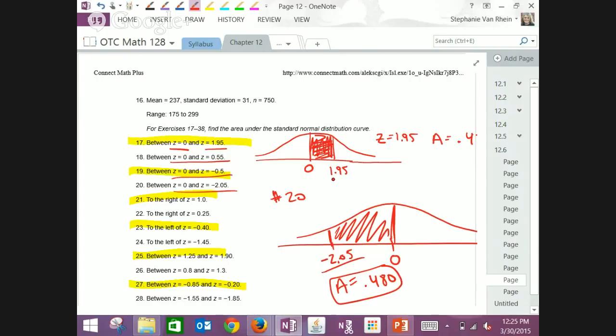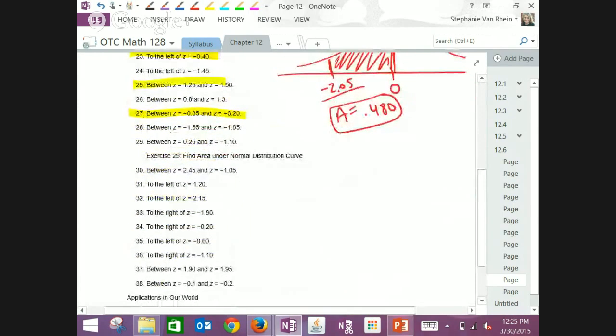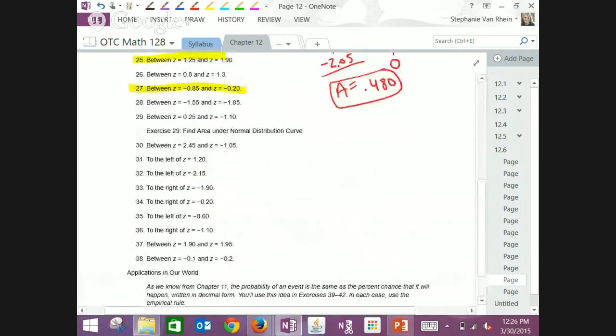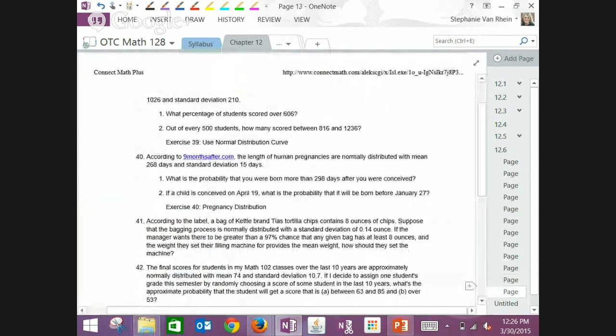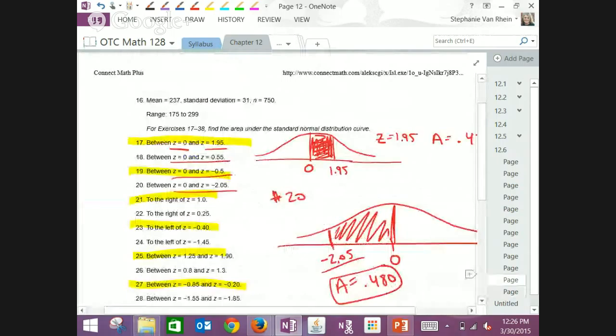There's a little disconnect, because your book just hits the z-values hard, and then if I give you an actual application of it, sometimes students don't know what to do with the numbers to get to the z-value. But once you have that z-value, you just look at your table. And we'll do 15. I don't think there are any examples of what I assigned like number 15, but this is just to give you practice applying it to the table.